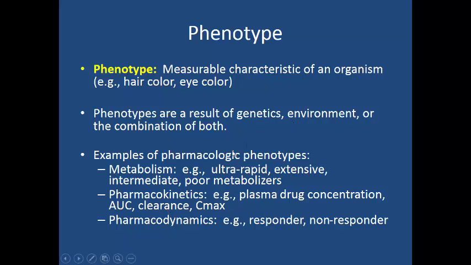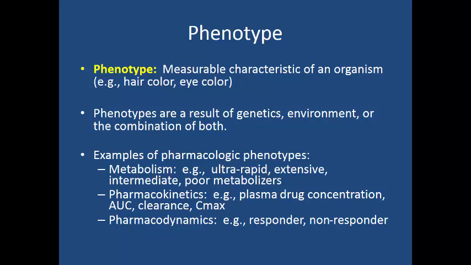And in this course, we're not going to be talking a lot about hair color or eye color. We're going to be talking more about pharmacologic phenotypes. So we're going to be talking about metabolism phenotypes, for example, such as ultra-rapid metabolism, extensive metabolism, intermediate or poor metabolism.